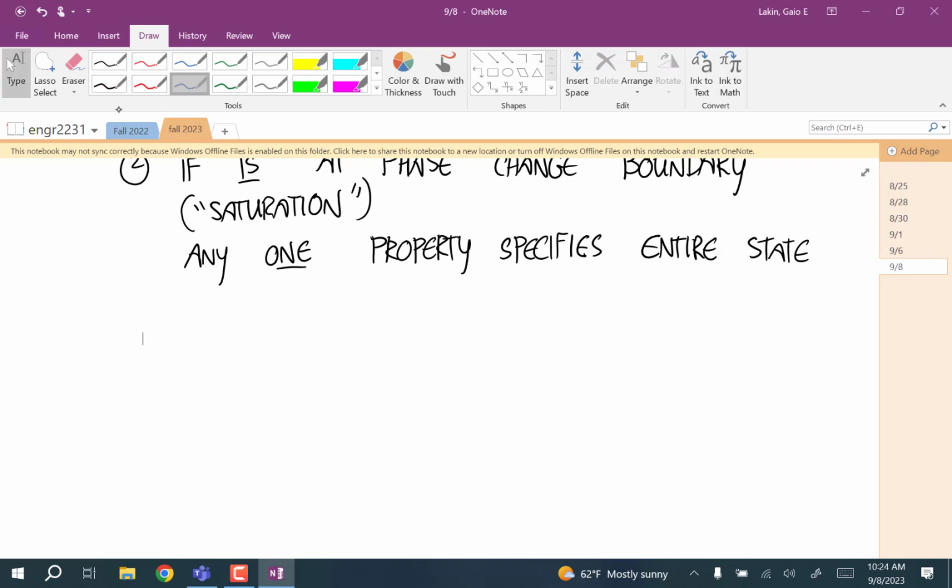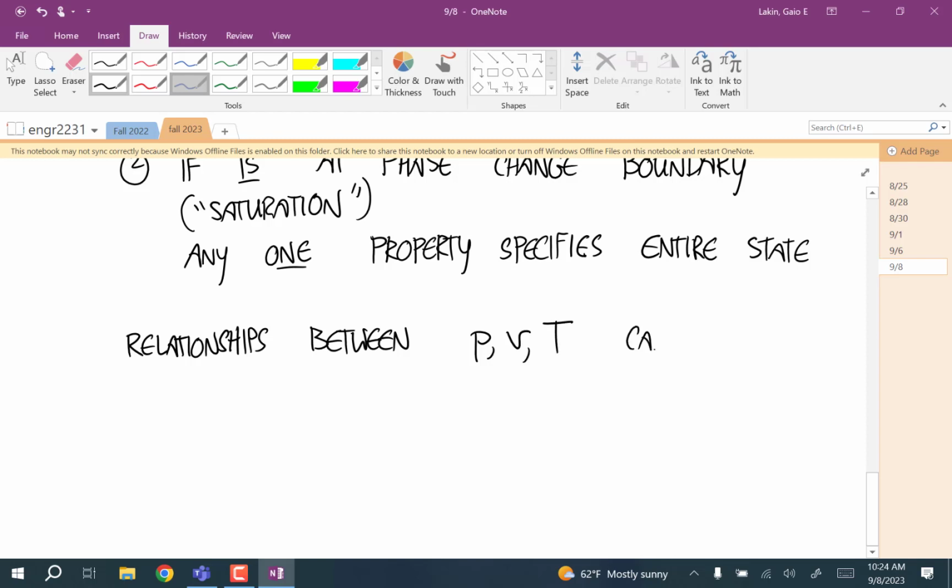The relationships between pressure, specific volume, and temperature can be shown in a PVT surface.